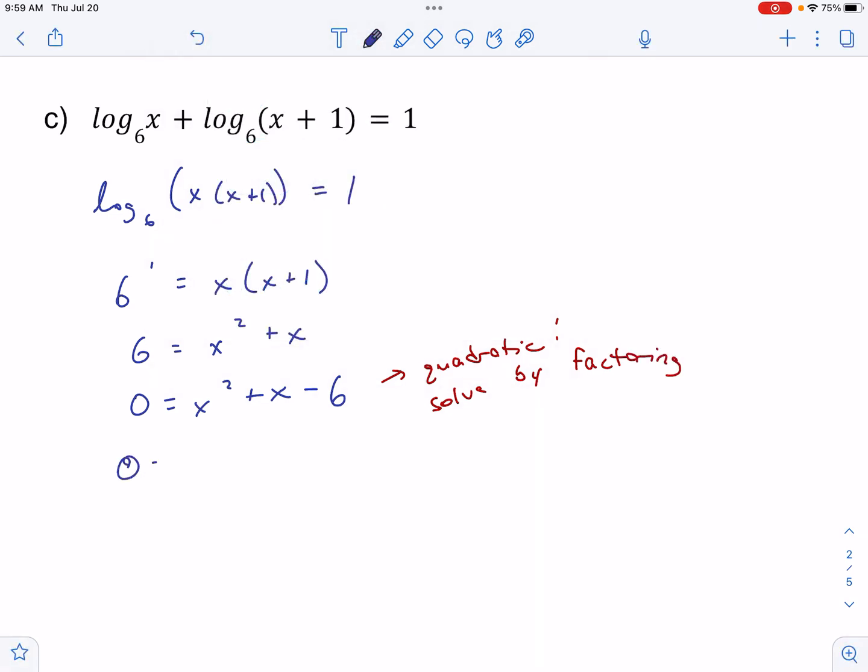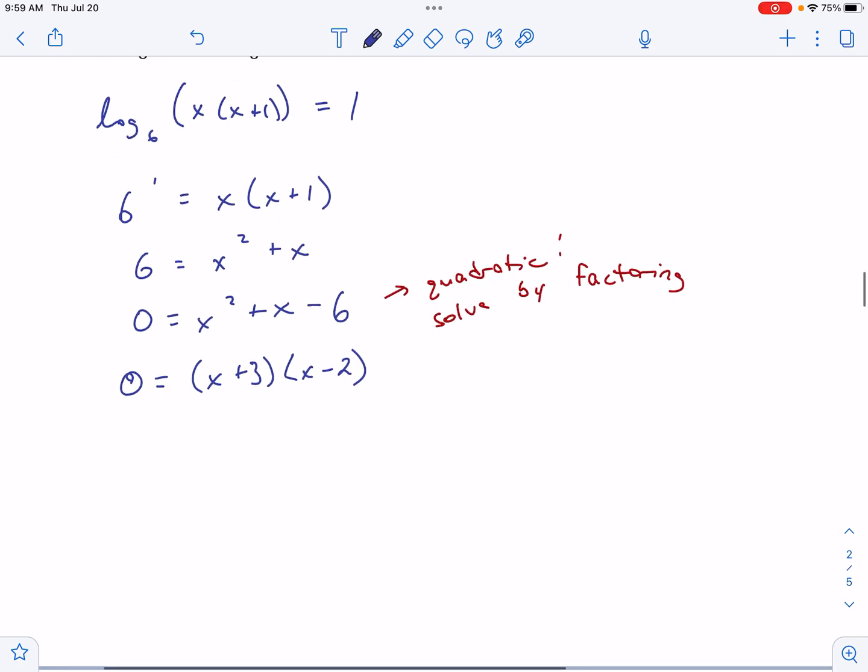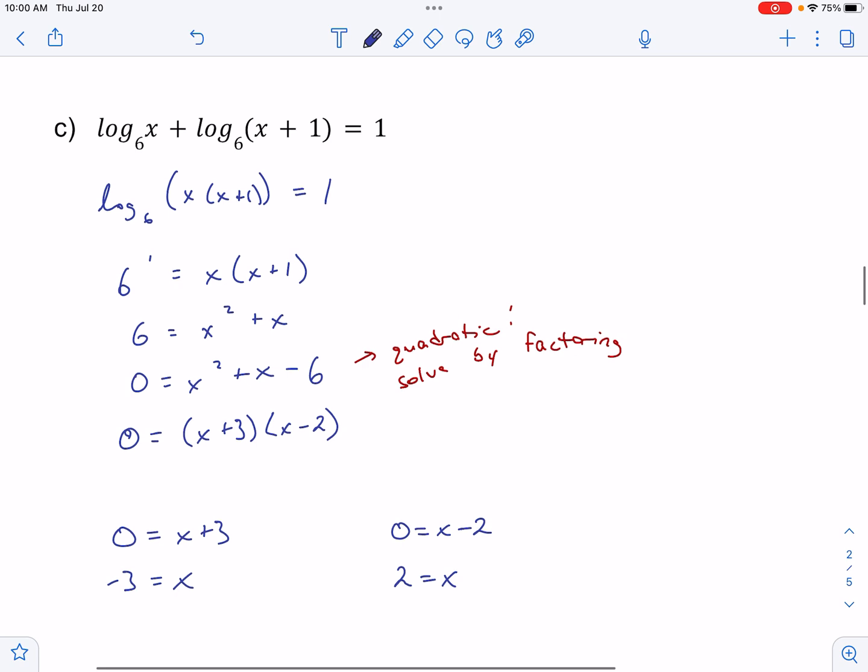I'm looking for two numbers that add to 1 and multiply to negative 6, and those two numbers give x plus 3 and x minus 2. So I set them both equal to 0. Negative 3 is x, or positive 2 is x.